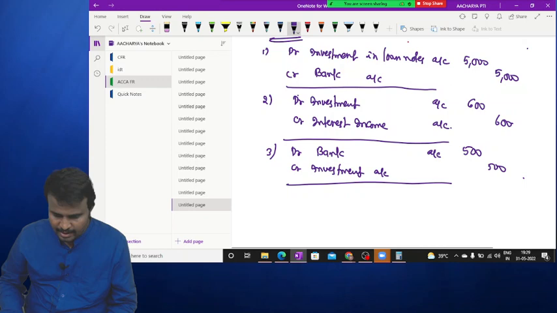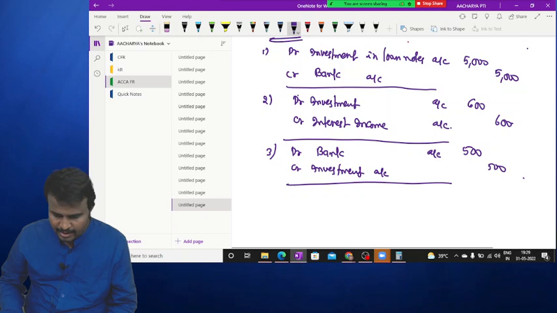First of all, is it an equity investment or debt investment? Equity, sir. This is an equity investment.